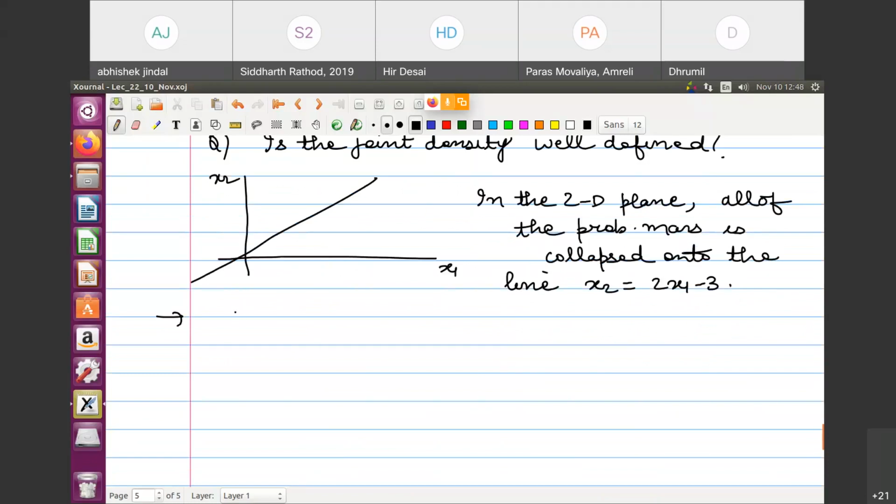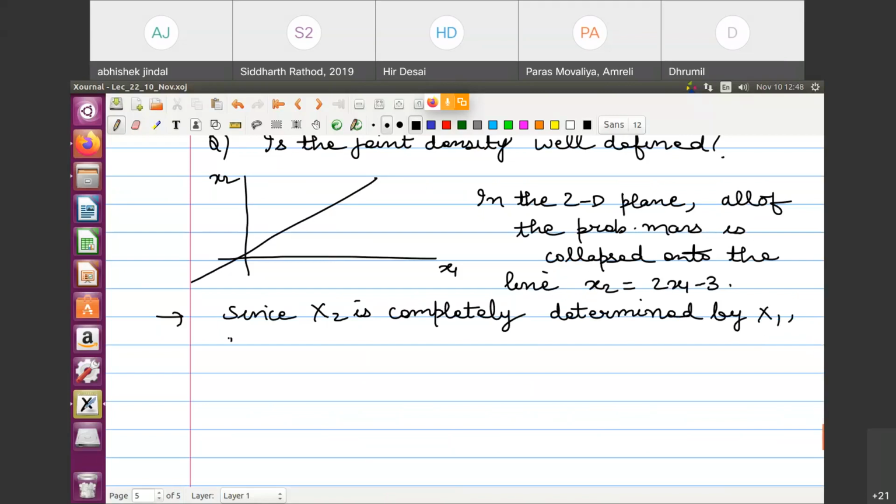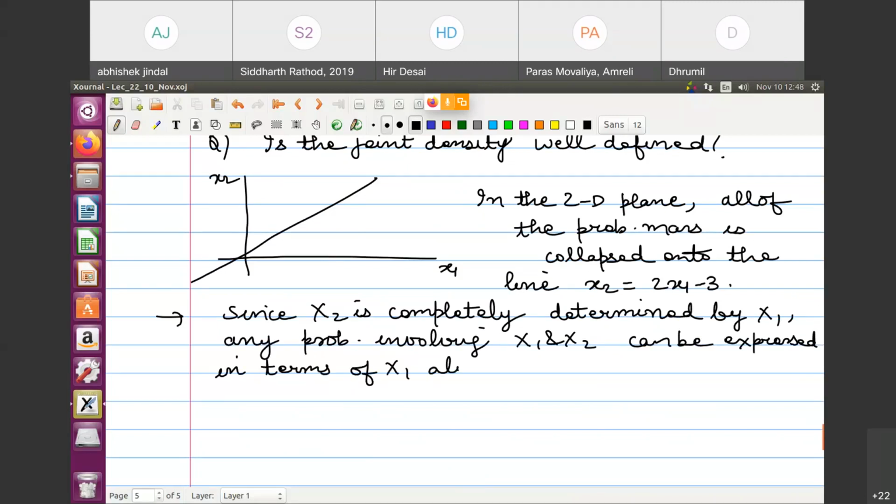The simple explanation is, since x2 is completely determined by x1, any probability involving x1 and x2 can be expressed in terms of x1 alone. So what do we mean?